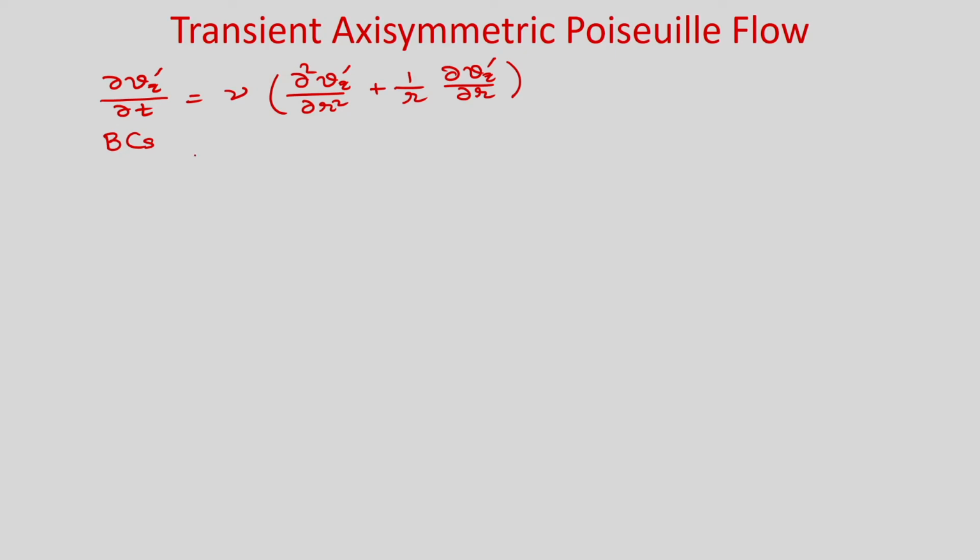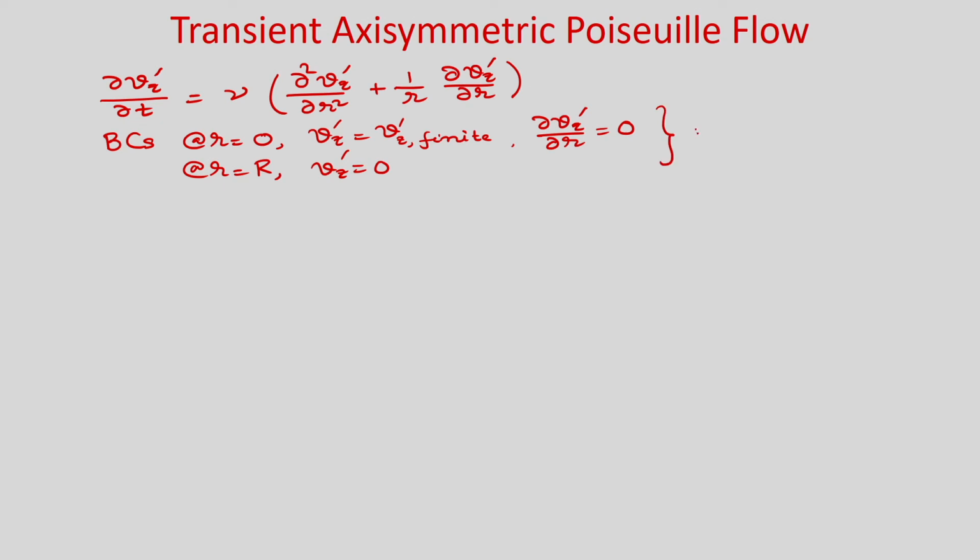At r is equal to 0, Vz prime will be finite. At r is equal to R, Vz prime will be 0. And del Vz prime by del r will be 0 at r is equal to 0, because the maximum velocity will be at the central line. So, you can see it is a homogeneous direction.